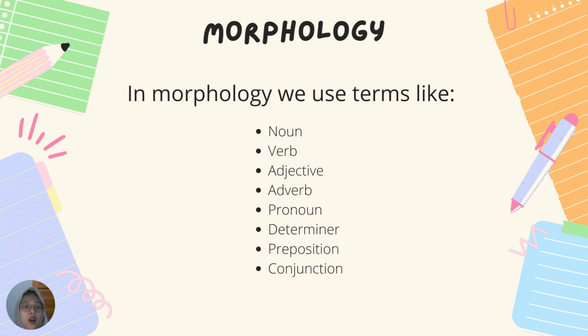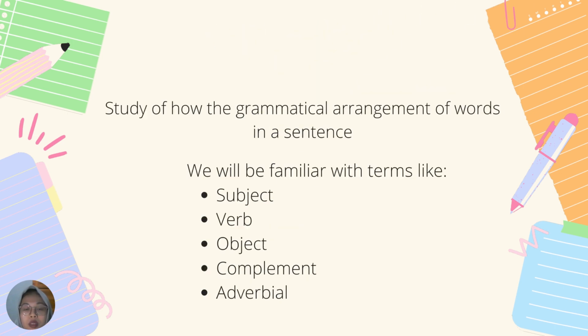Even when we learn about morphology, we can find an adjective that changes into a noun, such as happy, which is an adjective. When we add the bound morpheme ness, it becomes happiness, so it changes into a noun. And I think when we talk about morphology, we must know these terms.